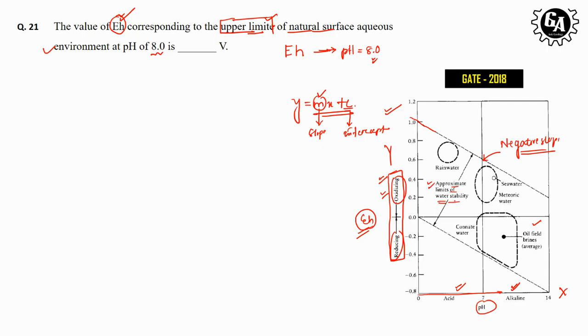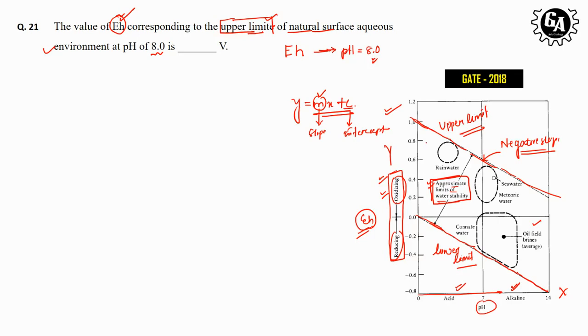You can see that it has two lines. This is the approximate limit of your water stability, starting from this line to this line. This lower line, this boundary, demarcates the lower limit, and this upper line demarcates the upper limit.